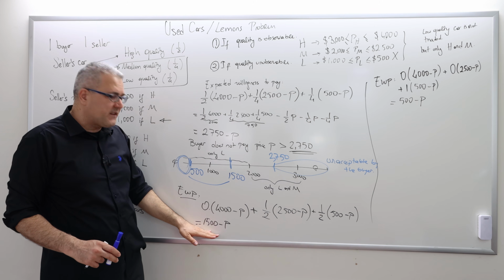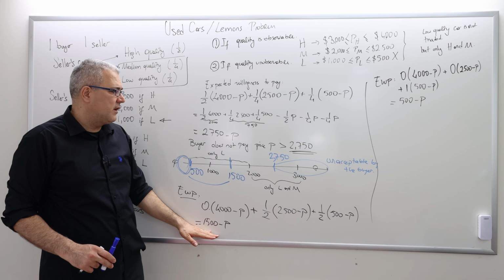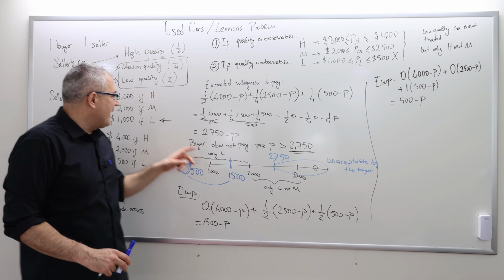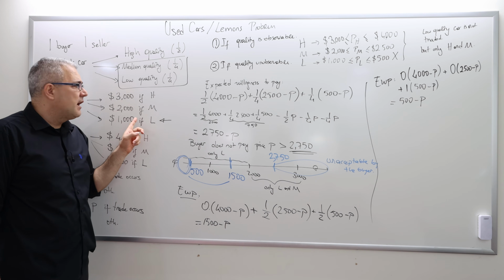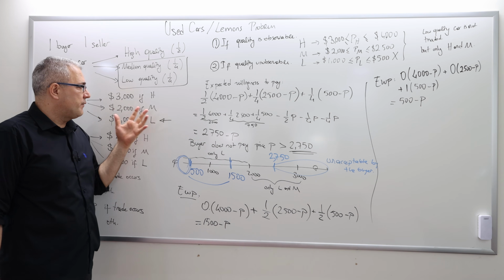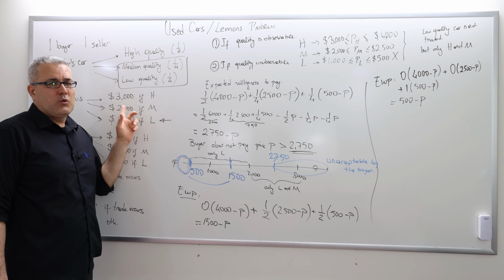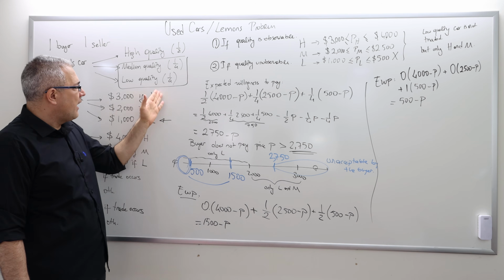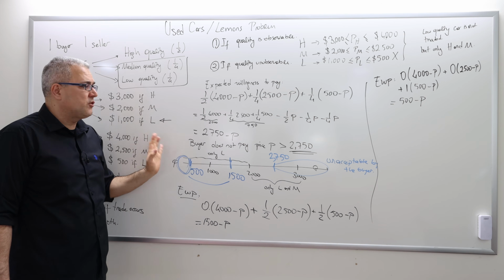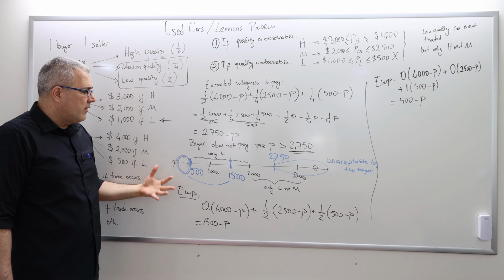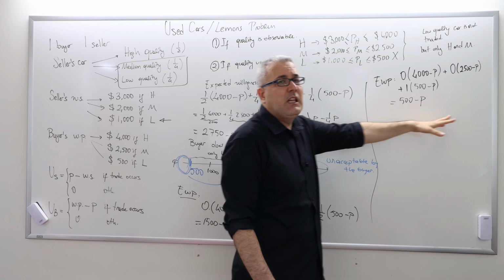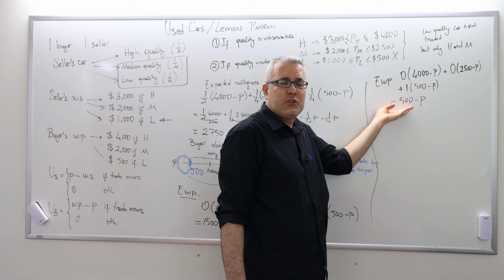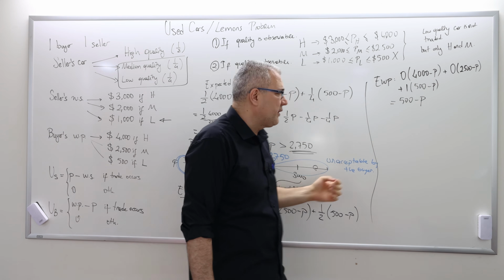And then we came up with some new threshold price level or new willingness to pay. At that willingness to pay, we again go back to the seller and try to understand which of those sellers will exit and remain. And we've realized that both high and medium type sellers will actually exit the market. So that means we have to reevaluate the buyer's expected utility, and so his willingness to pay will decline to $500.